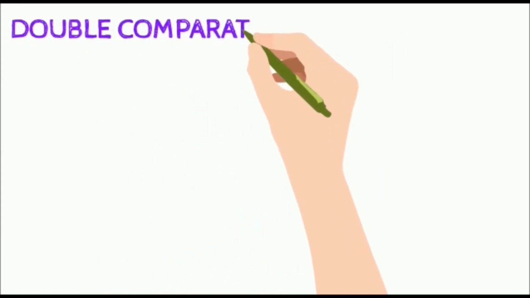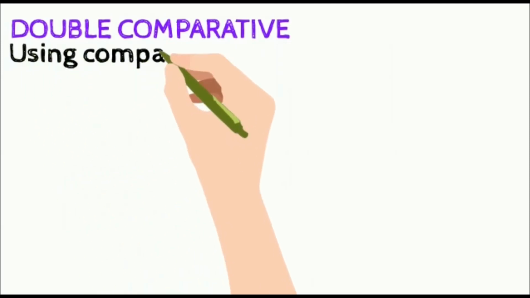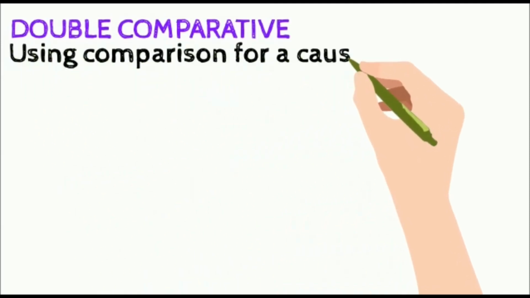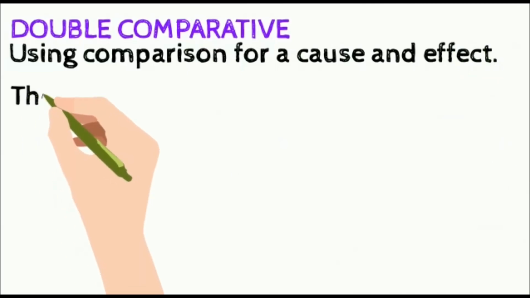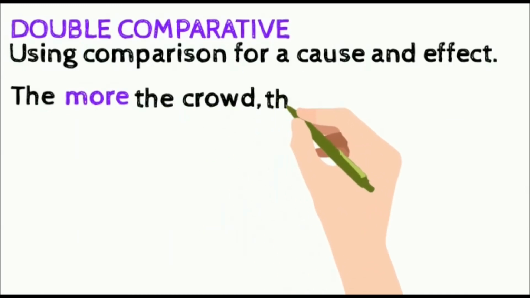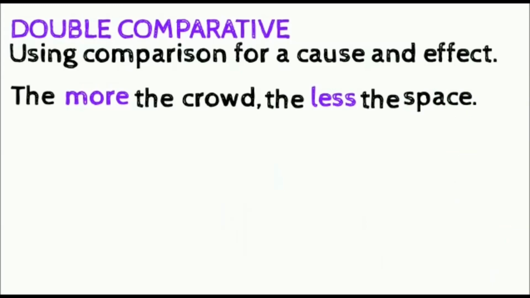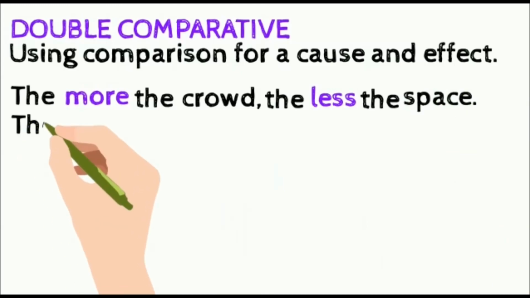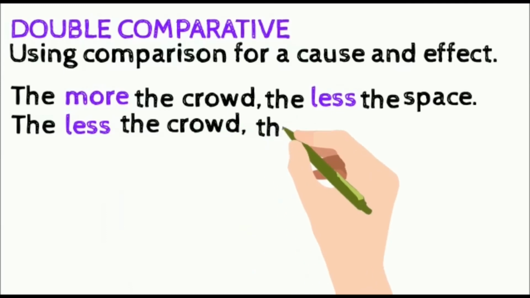Double comparative. This is used when we need to express a cause and effect relationship. The more the crowd, the less the space. Here, in the first half of the sentence, we have more, the adjective being used, and less is used in the second half. Or you can say, the less the crowd, the more the space.